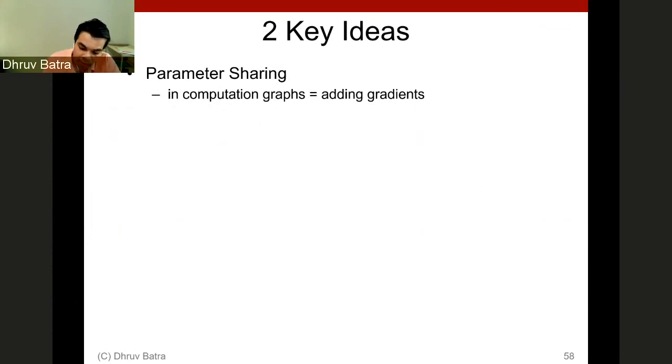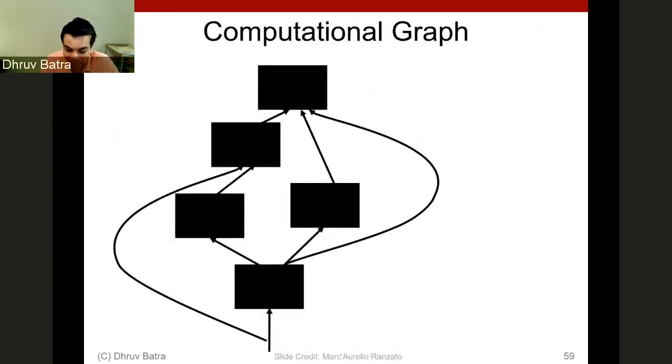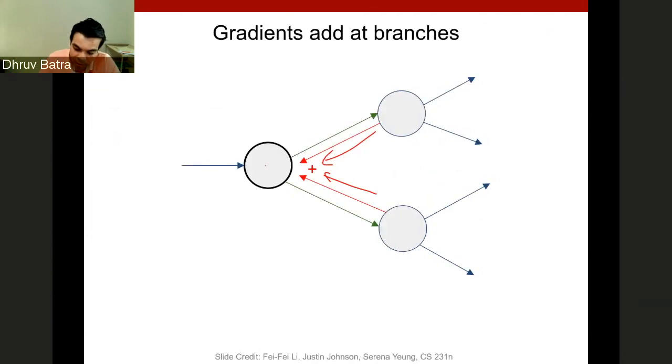The two key ideas for RNNs are going to be parameter sharing: that in computation graphs, when we share parameters, gradients get added, which is a very simple idea. We've already met this idea before. We have met computation graphs before, and we have met this idea that whenever you have data or tensors being copied in the forward pass, then in the backward pass the gradients add.